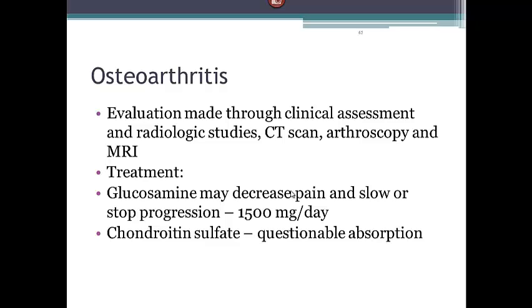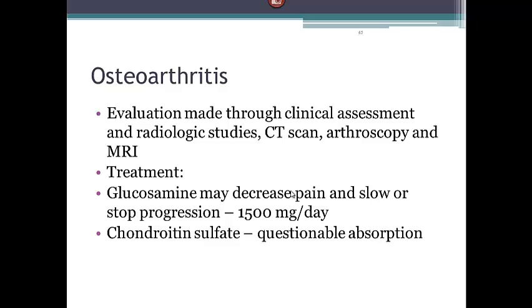Other drugs that could be used: tramadol. You could use any type of hyaluronic acid that is sold over the counter and in many natural medicine drugstores.